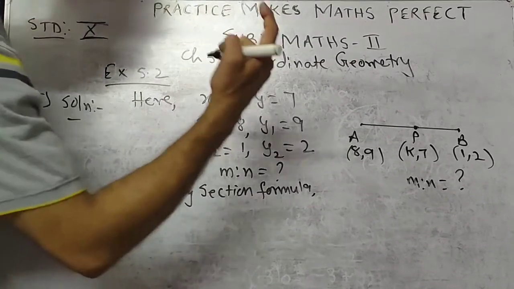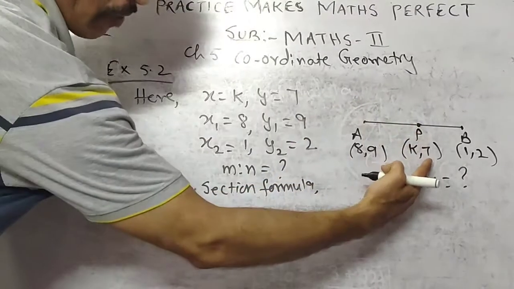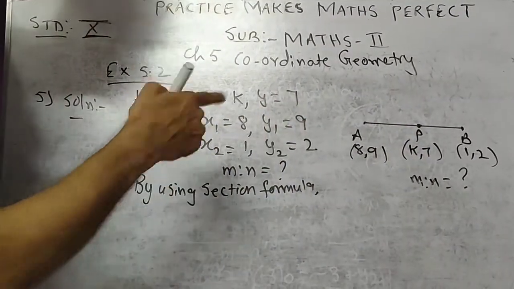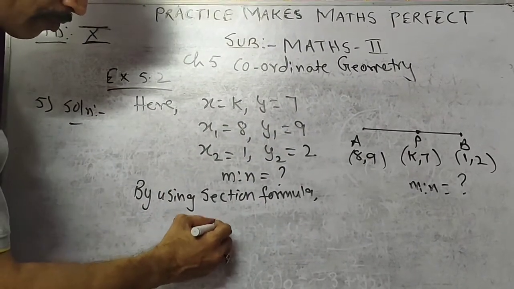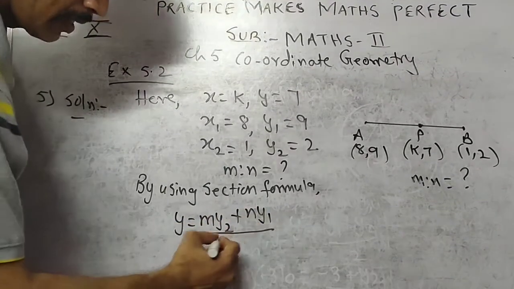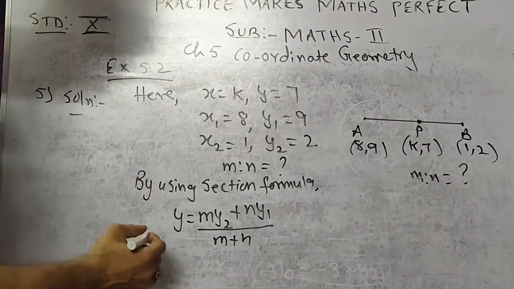Okay, now for using the section formula, you will take the help of y. This is x and this is y. X we don't know, so you have to take the help of y. Means y is equal to my2 plus ny1 upon m plus n. You will take the help of y. So now y is how much?